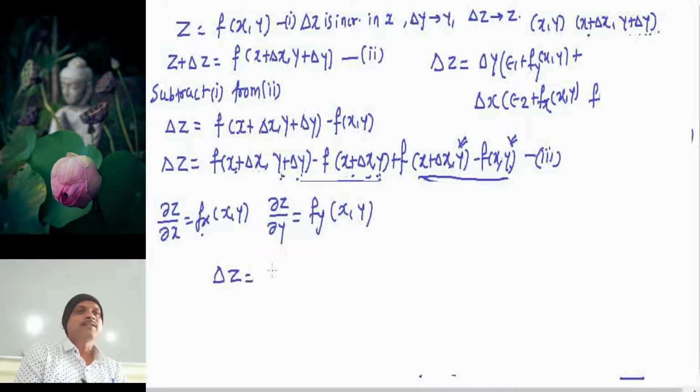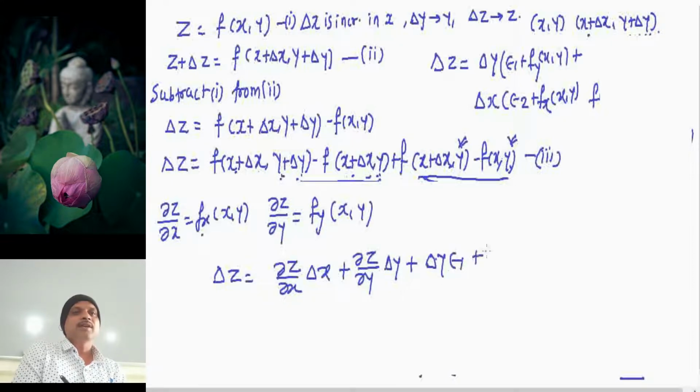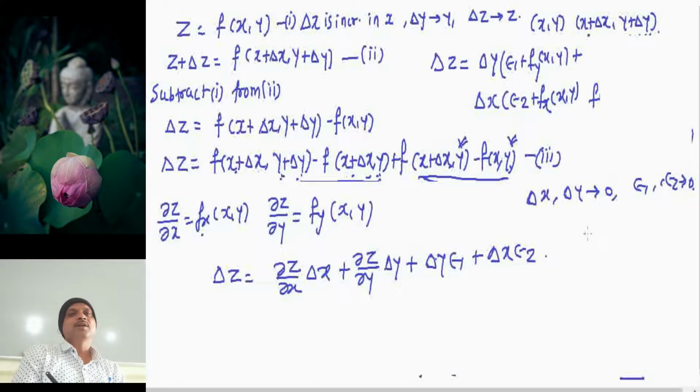Then Δz equals (∂z/∂x) into Δx plus (∂z/∂y) into Δy plus Δy into ε1 plus Δx into ε2. Whenever Δx and Δy tend to 0, this ε1 and ε2 both tend to 0, since these are the differences we have taken from the derivatives.